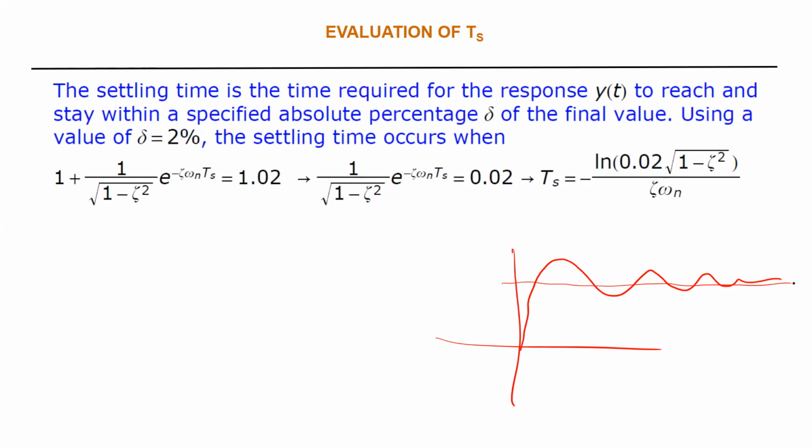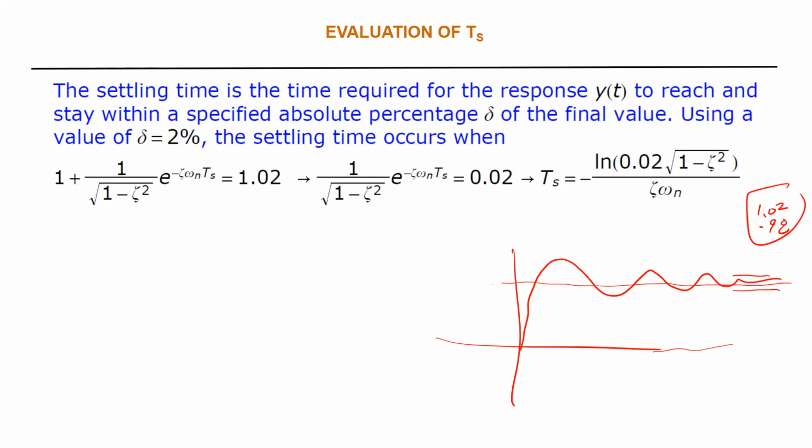The settling time, I define it as how long it takes until I allow my system to be within a certain range. So to solve for the settling time, assume I want to be within 2%. If this is 1, then I would be either at 1.02 or at 0.98. Within this range, I will be.